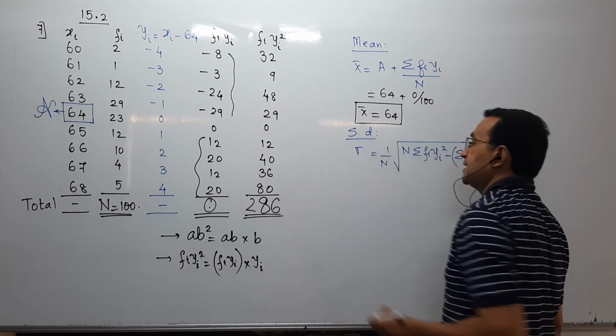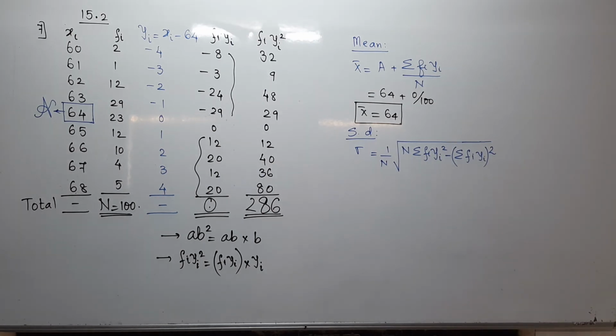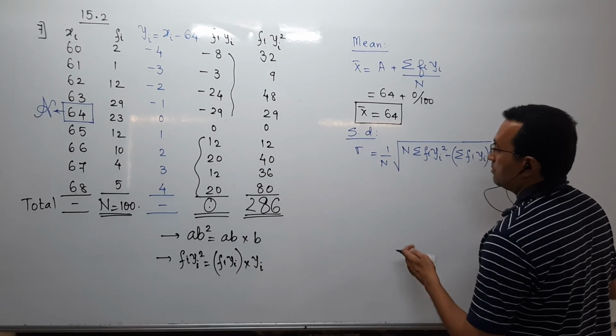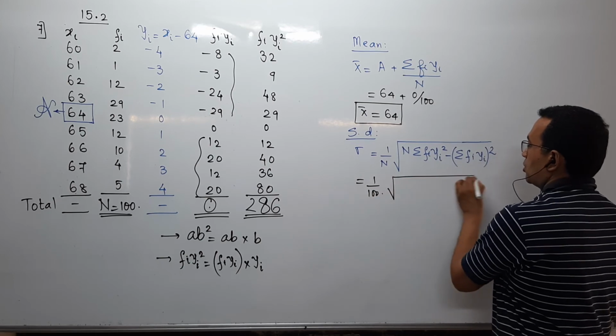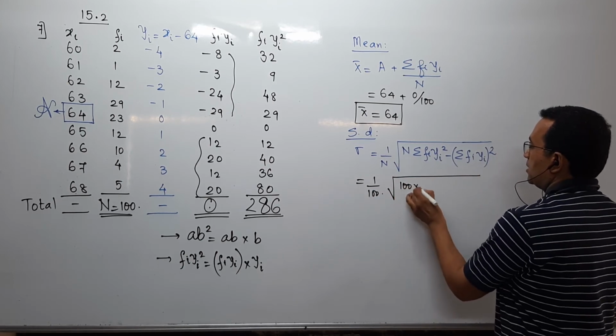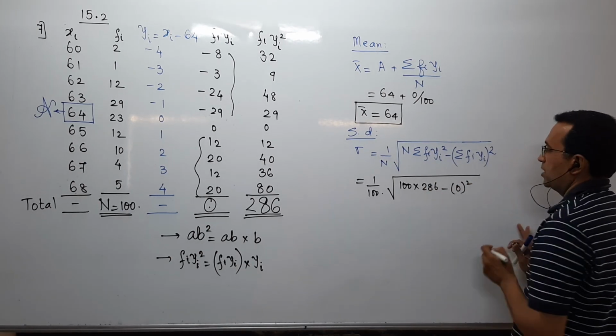Now finally, students, operating standard deviation. Our final step is to find standard deviation. So sigma is equal to 1 by n, which is 1 by 100, under root of 100 into 286 minus 0 square.